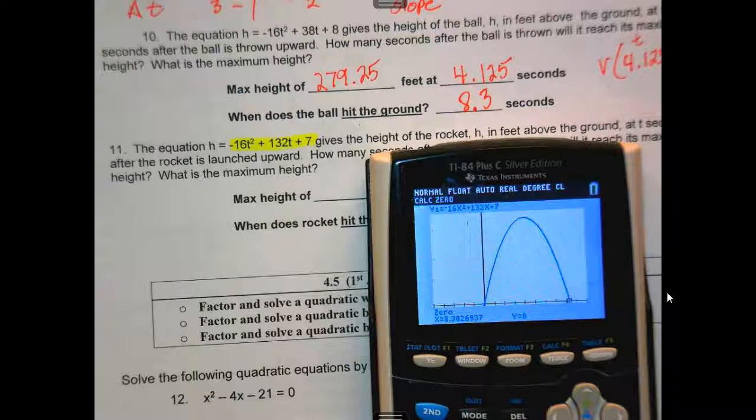You got to go second trace zero. You got to be one above the line and one below the line. Got it?